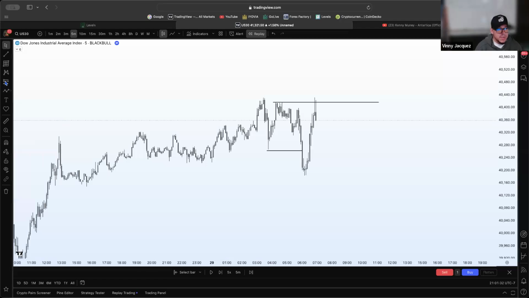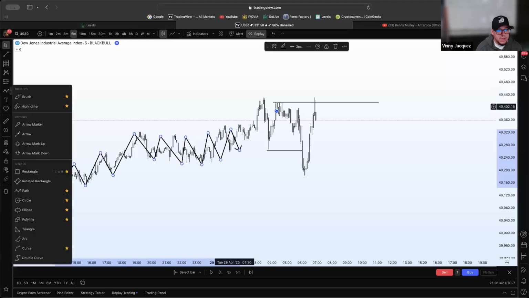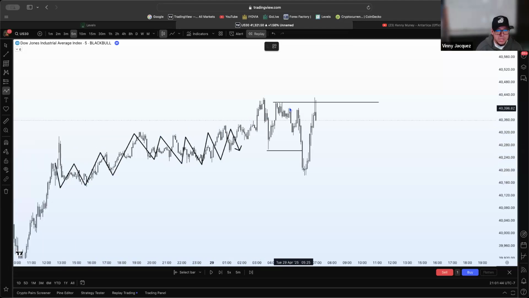And this is the thing, just because you see liquidity down here does not mean the market has to tank and take that out. Like, no, it doesn't have to do that. Find consolidation, wait for a sweep or a break of structure, and wait for it to reverse.